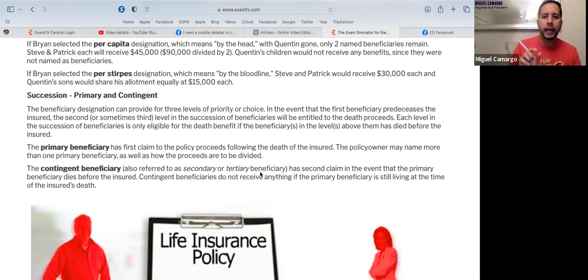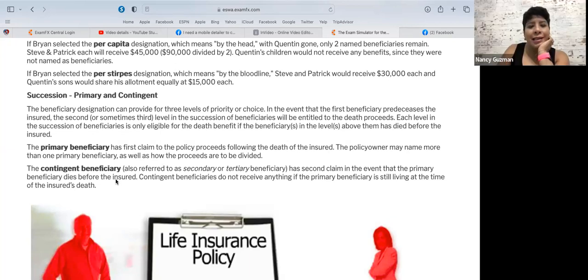The only way that these individuals would receive the money is if the primary passed prior to the insured dying. So if the primary passed away before the insured died, then the money is going to go to the contingent beneficiaries. Does that make sense?